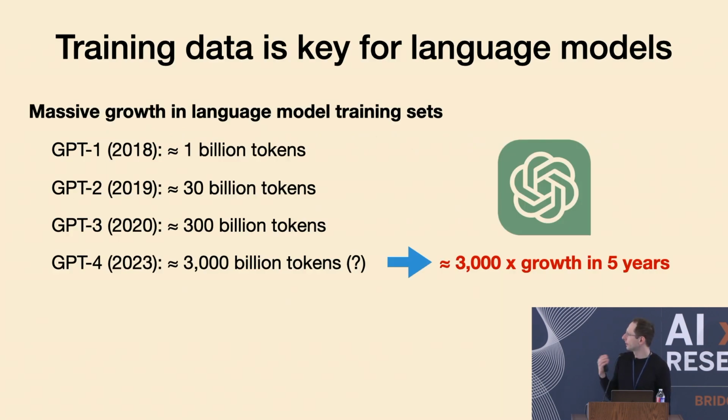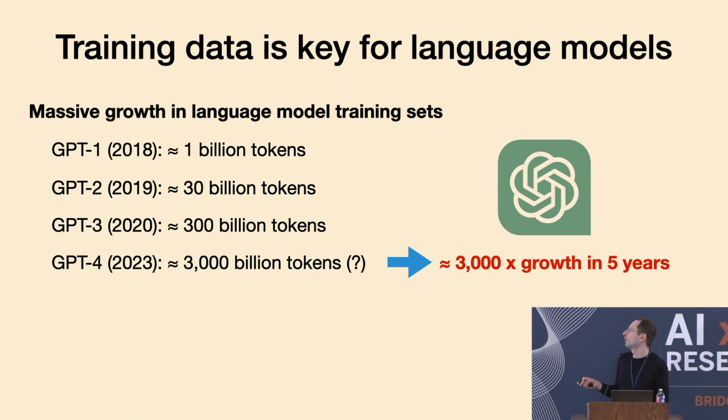And just to, again, give a bit more context on how important training data is for these models, it's, for instance, nice to look at the GPT series of models, right? So GPT-1 in 2018 was trained on, by now, a tiny data set, about 1 billion tokens. And then over the years, 2019 was already 30 billion tokens for GPT-2.